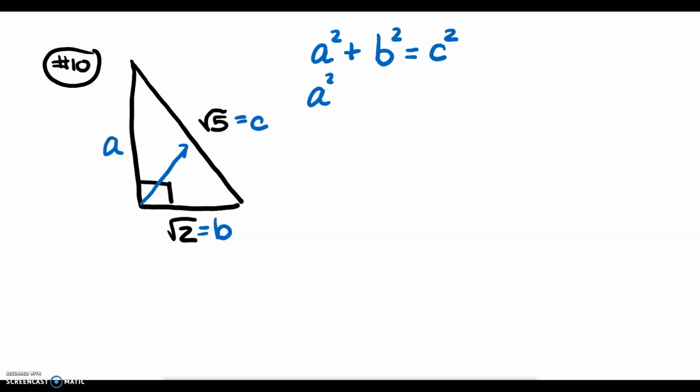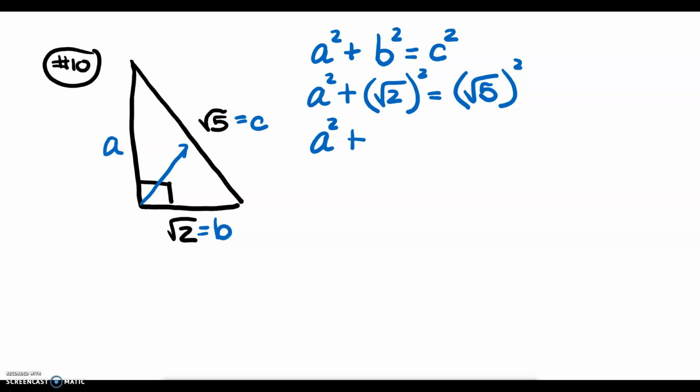So I don't have anything to plug into A. B is radical 2, so I have to square that. And C is radical 5, so I have to square that. So I end up with A squared plus 2 equals 5, remember when I square a square root, the square root goes away.